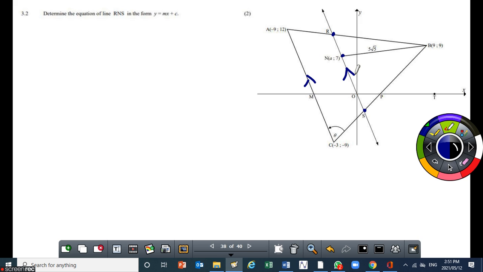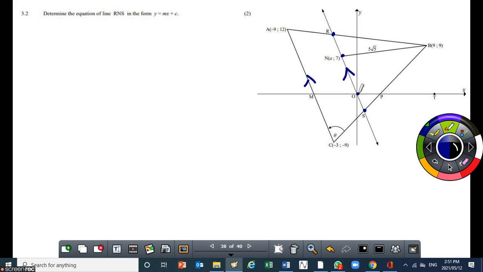Now, if I want to find the equation of RNS, I don't have any coordinates for point S, no coordinates. In fact, I've got the y value for point N, but I don't have coordinates for point R. I'm sure you can see that. Now, the straight line passes through this point here.